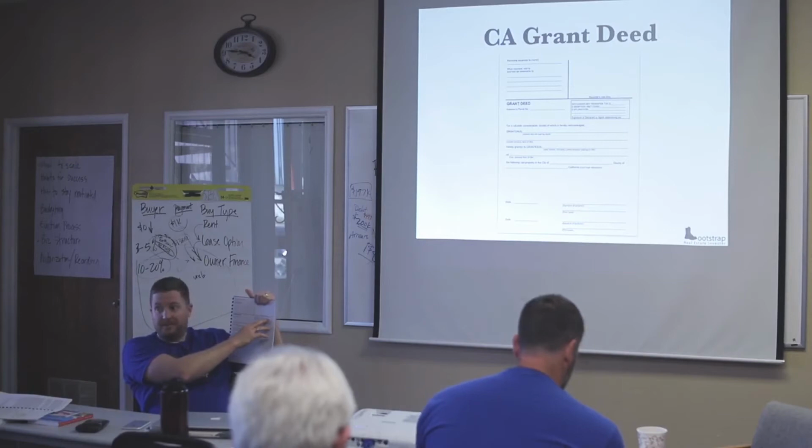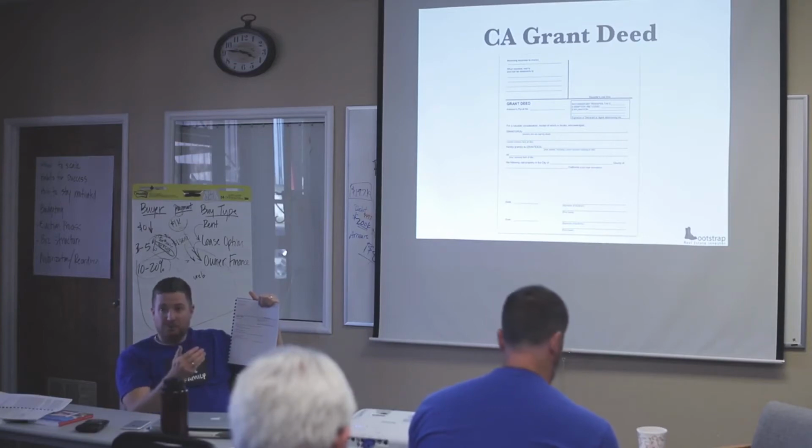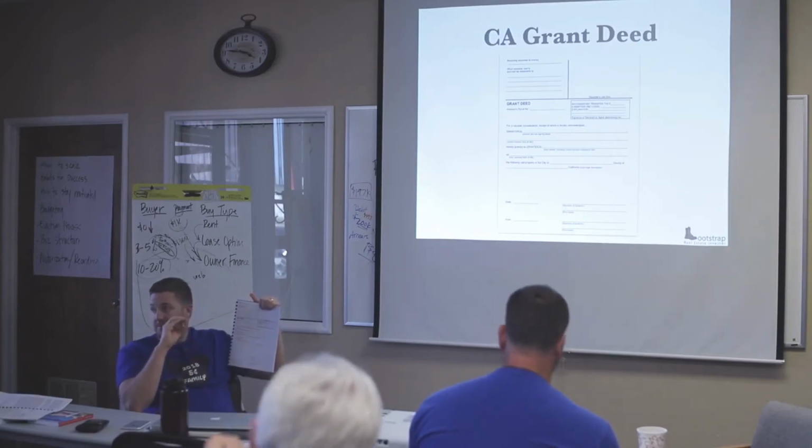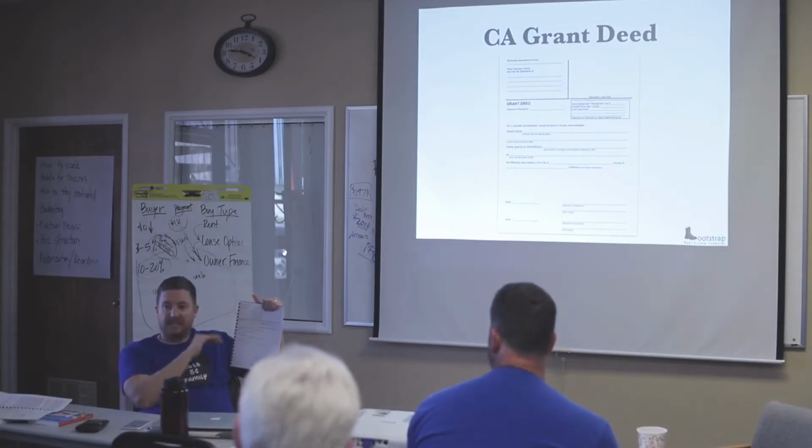Transfer tax depends. If the property is over encumbered, transfer tax is 0. You understand that? Over encumbered. They owe more than what the assessed value is. 0 transfer tax.